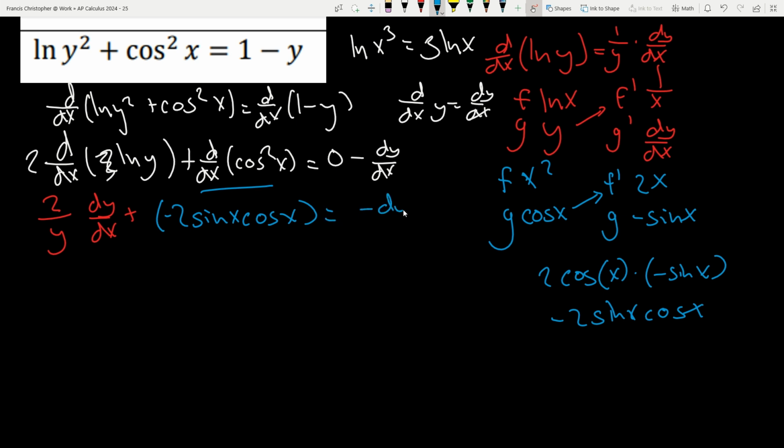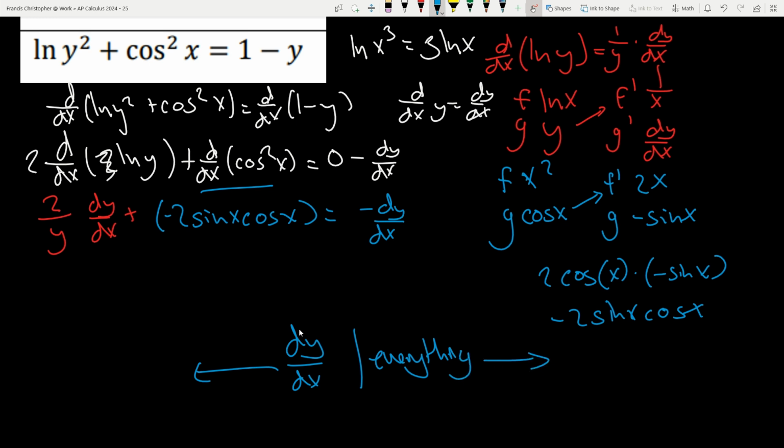Equals negative dy dx. This seems a little bit more confusing, but all you have to remember is we want all the dy dx terms on this side and everything else on the other.